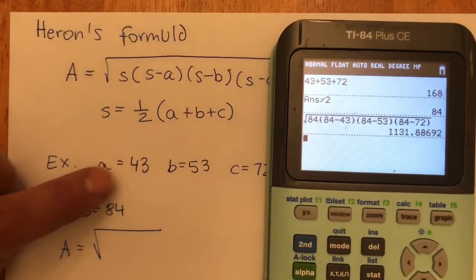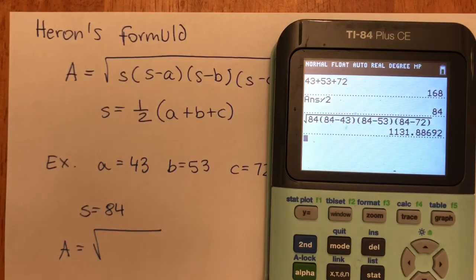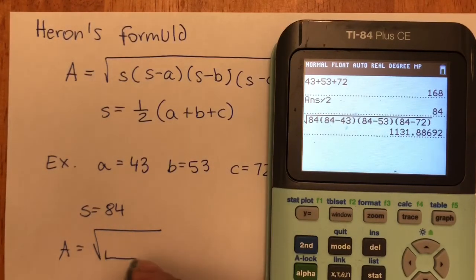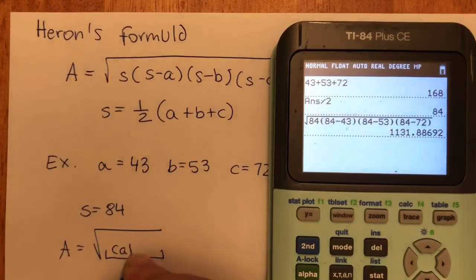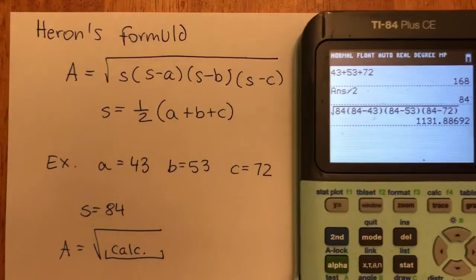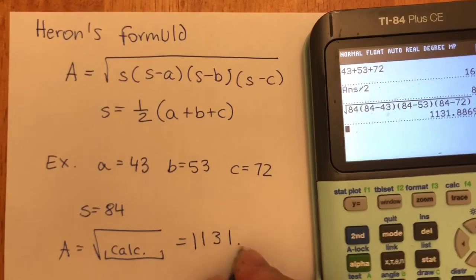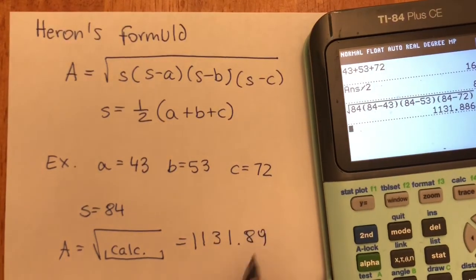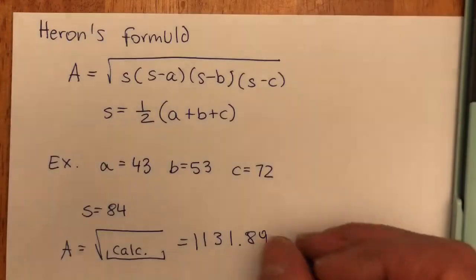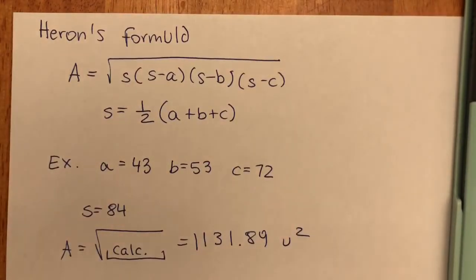Close the parentheses, and the area, well, this I put into the calculator, is equivalent to about 1131.89. I will round it there, and whatever the unit squared we would have.